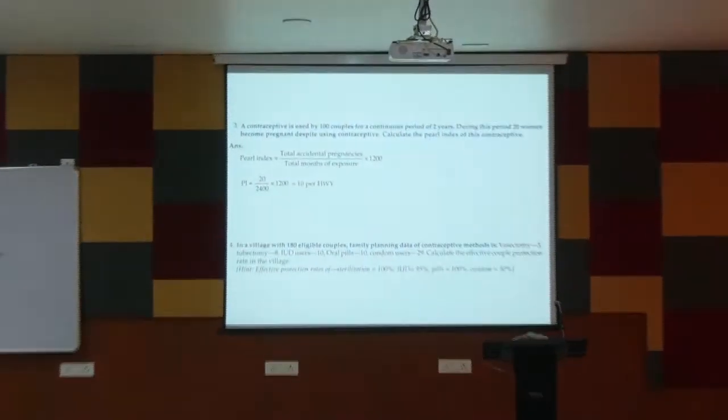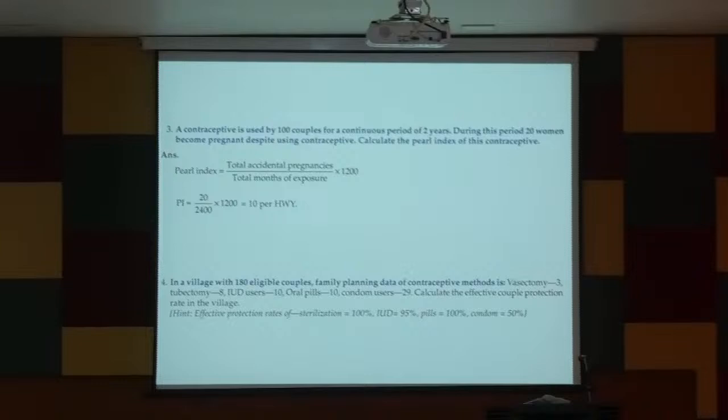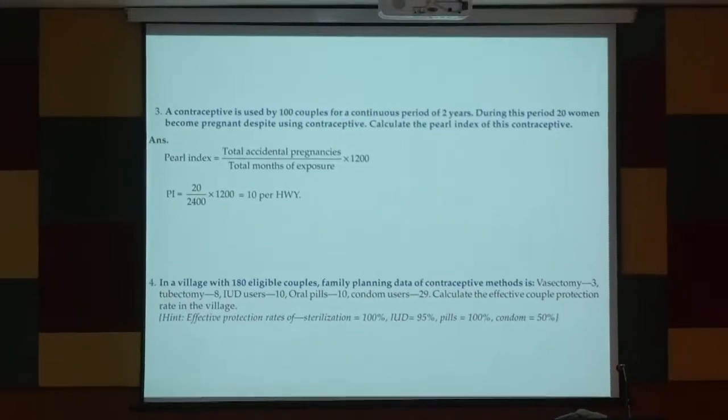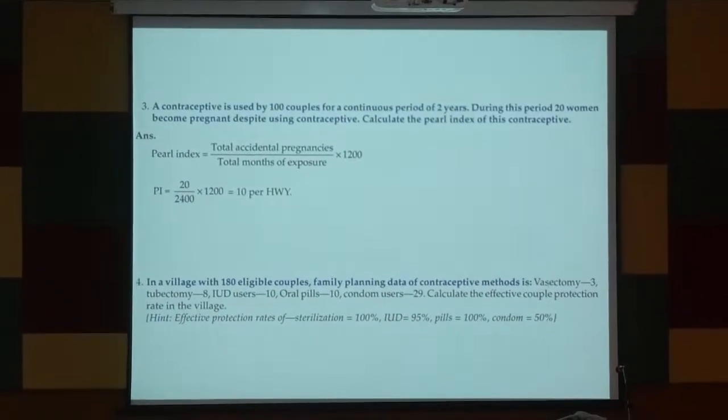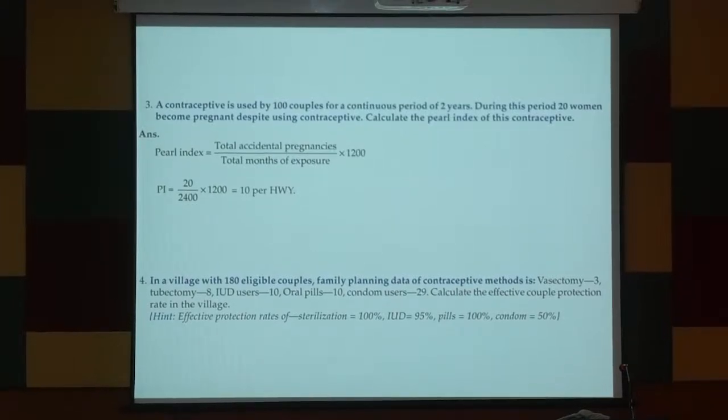This one has an answer, see. A contraceptive is used by 100 couples for a continuous period of 2 years. During the period, 20 women become pregnant despite using the contraceptive. So what is the Pearl index? It says 100 couples for a continuous period of 2 years, so 24 months of exposure multiplied by 100 women.